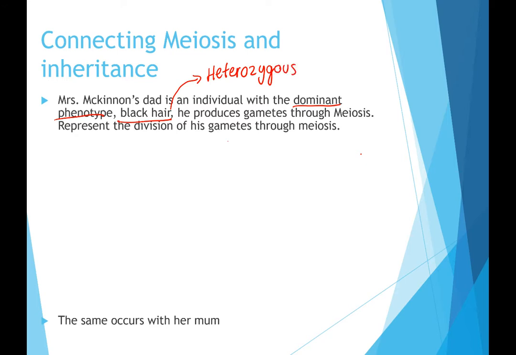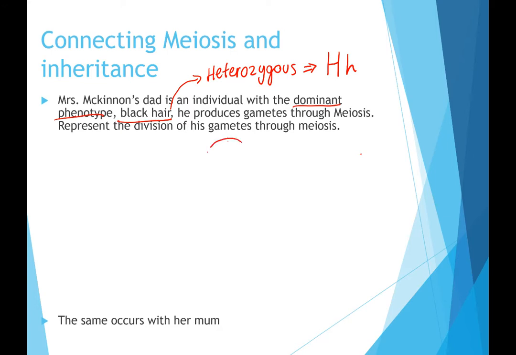We're going to make our lives nice and easy and identify that he is heterozygous and he actually has the big H, little h genotype. Okay? All right, so let's make some gametes.